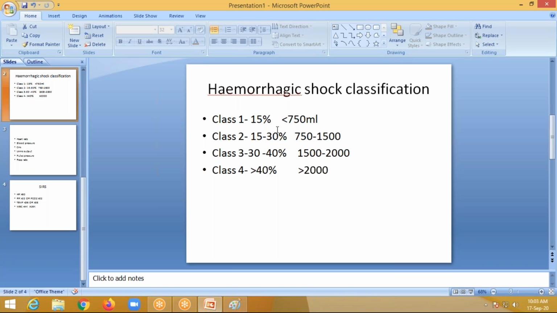In class 1 there will be only an increase in heart rate.